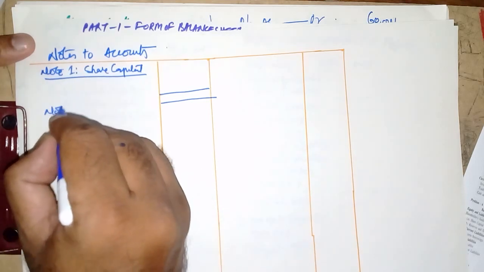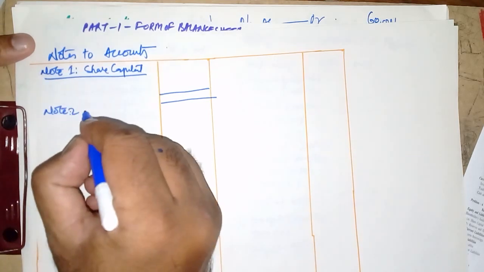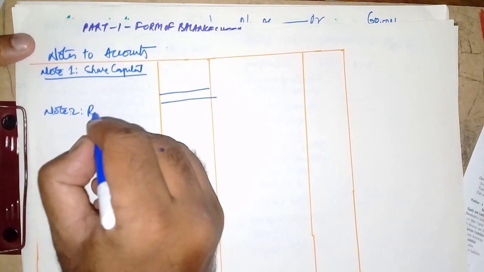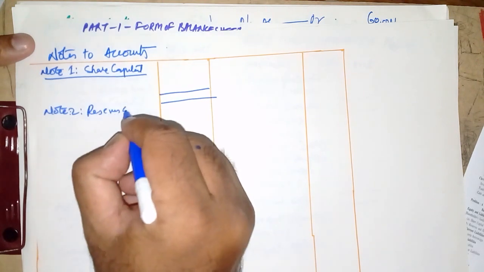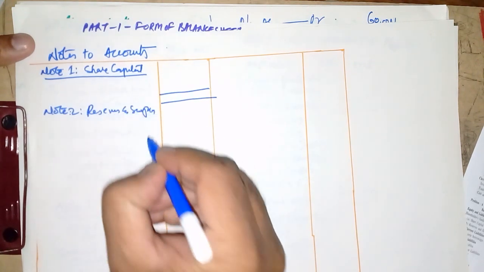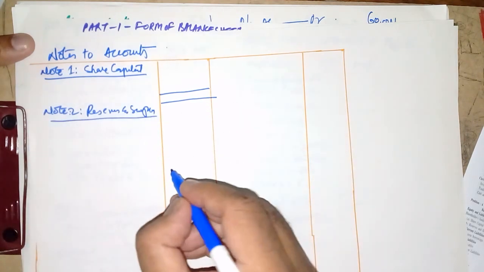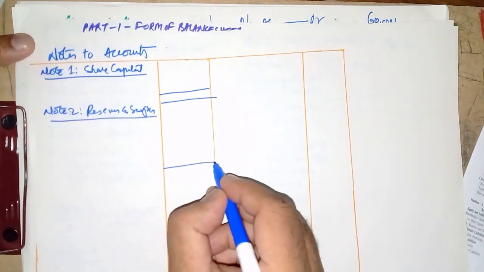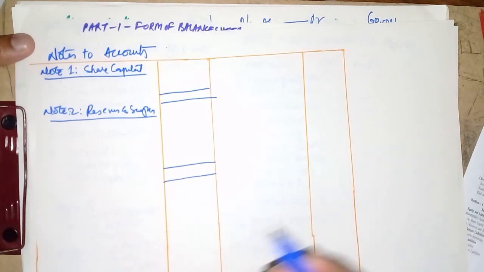Then note 2, reserves and surplus. So we have some calculational part, therefore we leave a little bit more place here.